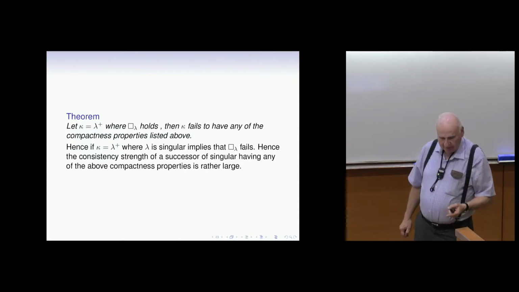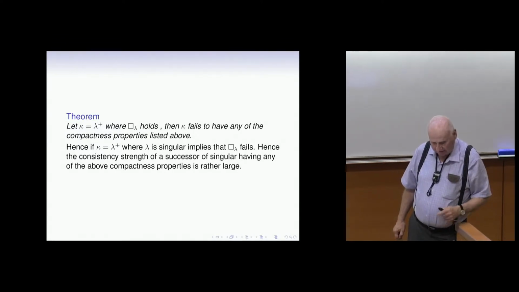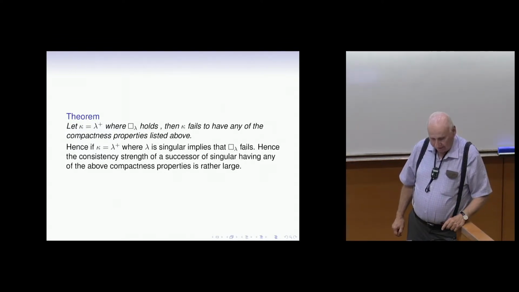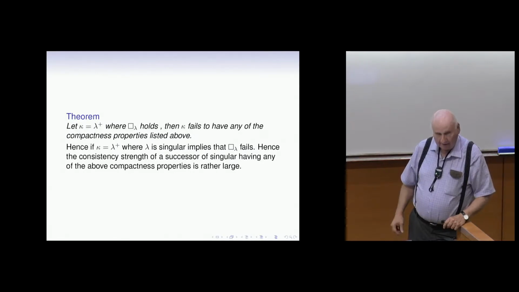Namely, suppose you have a kappa which is the successor of a singular cardinal, kappa equals lambda plus where lambda is singular. If you have the compactness properties, then that means that square fails. But the consistency strength of square failing at a singular cardinal should be rather strong.